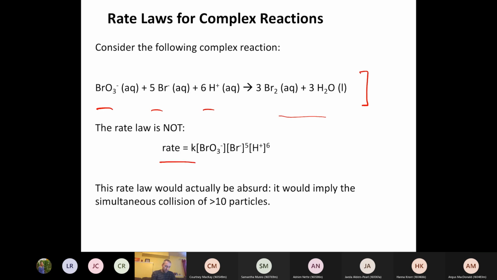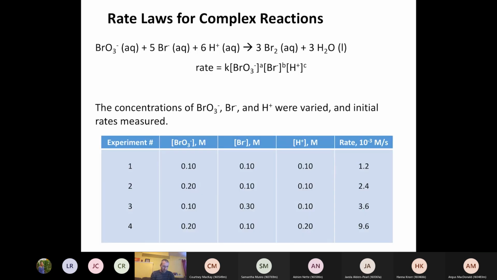Just a reminder, you cannot say the rate is just the starting materials raised to the exponents of the coefficients, because this is a complex reaction. Only for elementary reactions is that possible. So this would be a crazy order. If this was an actual chemical rate law, that would be like 12th order, which you basically never see. Maybe in the core of the sun or something like that, there's some reaction like this, but not on Earth.